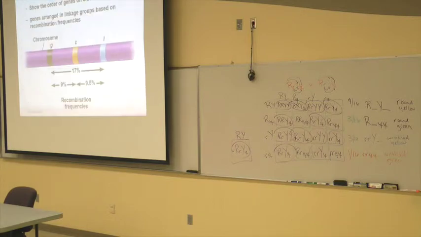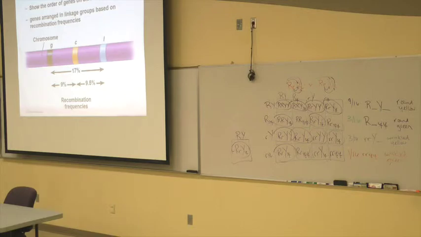Okay. Now, before I start getting into more problems that you guys can figure out how to solve, just one more thing is what a genetic map looks like. This is a genetic map. It shows you the location of a certain trait on a chromosome and how close in proximity they are to other traits, other gene loci. Okay?